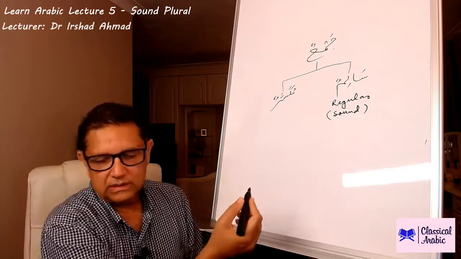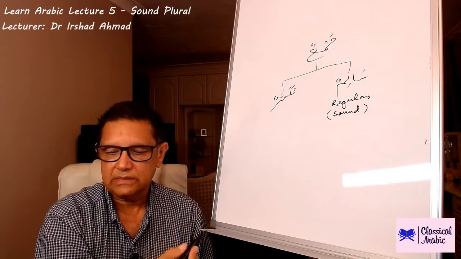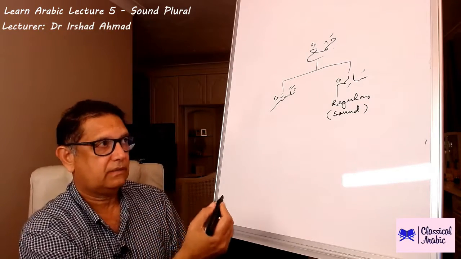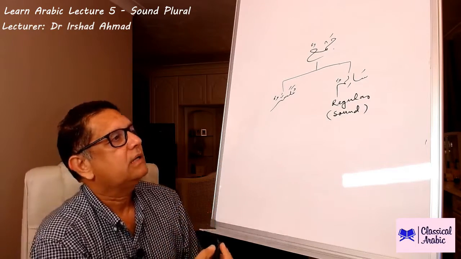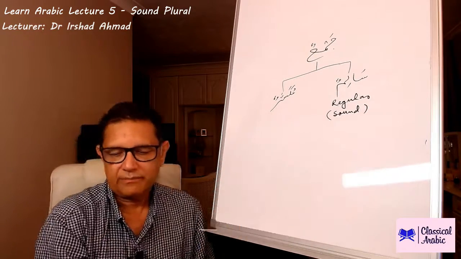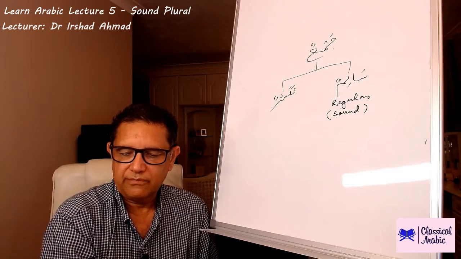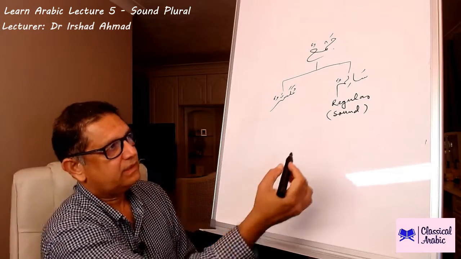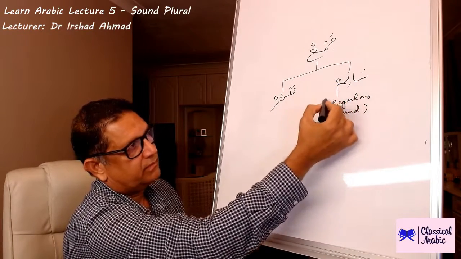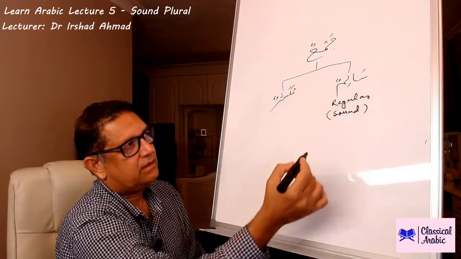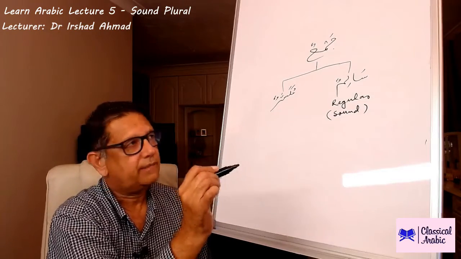And these regulars follow a fixed predictable pattern, just like table, tables, boy, boys, sound, sounds. So simple, fixed, predictable pattern, and that's why they are called regular or sound, in which the first part of the word, actually the wahid, is quite visible in the plural.